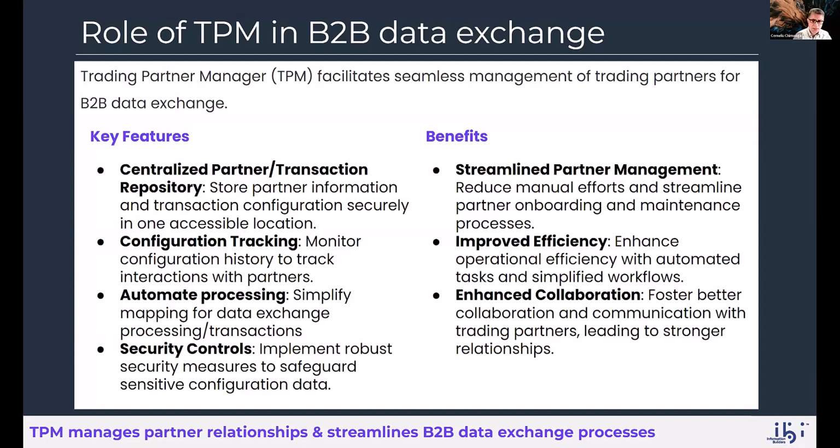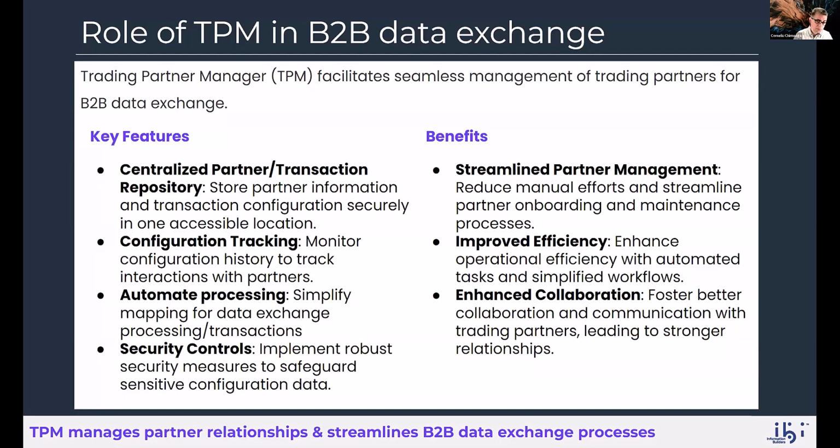In this sense, any transaction processing engine can make use of TPM's structured and highly customizable configuration data. Within the IBI stack, TPM is used in conjunction with ISM, which is IBI's integration solution, which plays, amongst many other things, the role of the trading message processing engine.